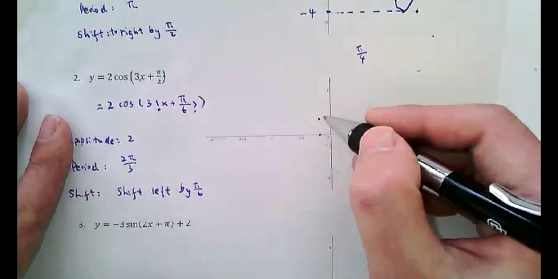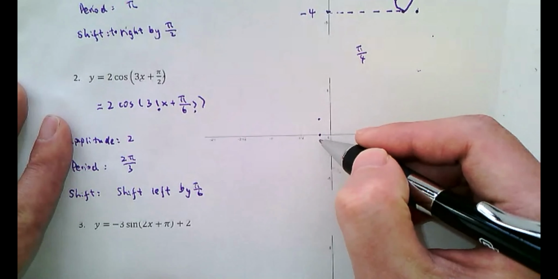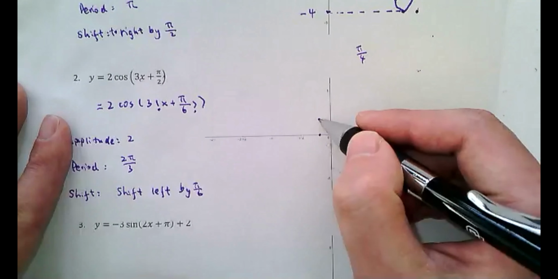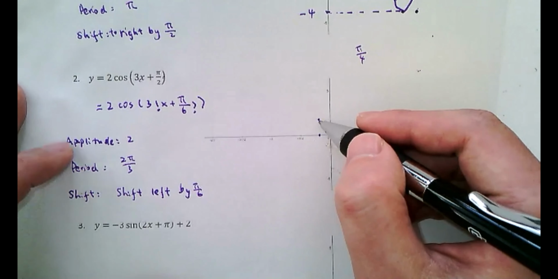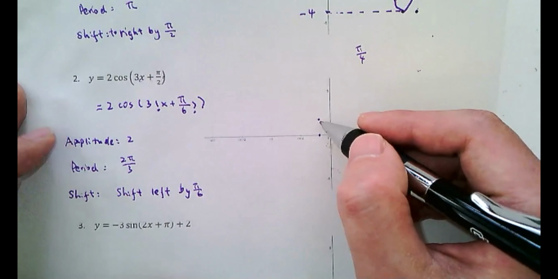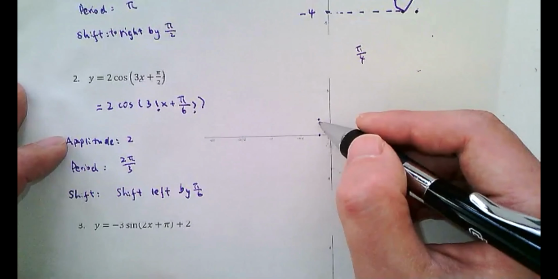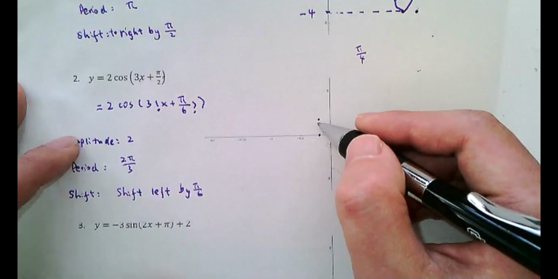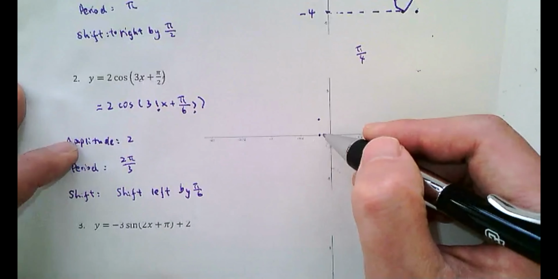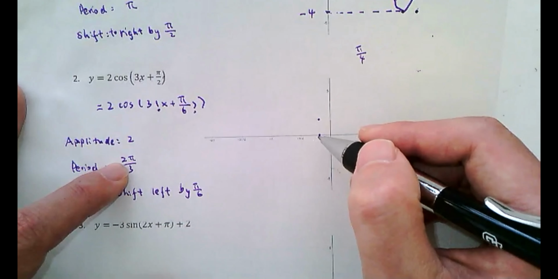Let's continue. It starts its maximum at this point, and we know the amplitude is 2, which means the maximum is 2 and the minimum is -2. The period is 2 pi over 3.